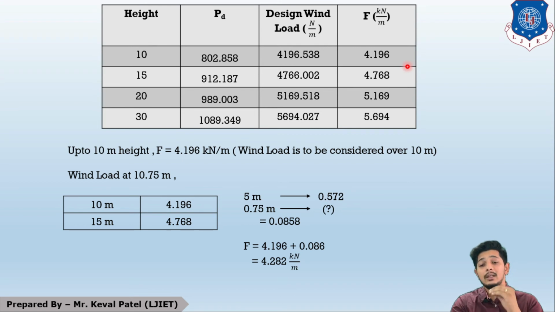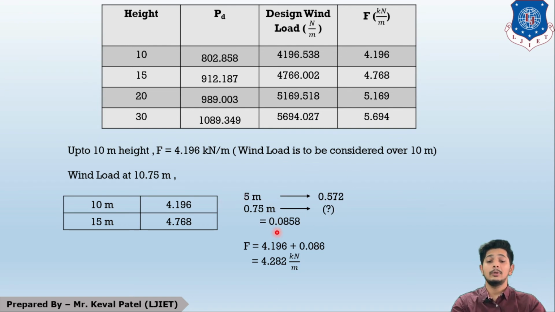Now, if the height increases from 10 to 15, the pressure increases like this: 10 meter 4.196, 15 meter 4.768. So if the height gap is 5 meter, the gap of wind pressure is 0.572. If the height increases by 0.75, as we are finding load for 10.75, what will be the pressure? This cross multiplication will give us the gap.